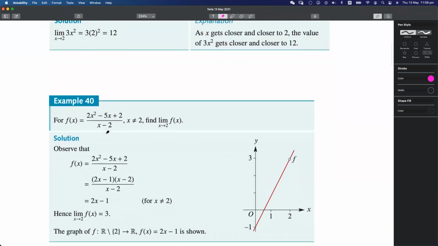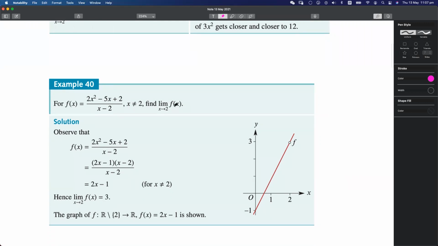Example 40, for a function f of x equals 2x squared minus 5x plus 2 over x minus 2, x not equal to 2, find the limit of f of x as x approaches 2.